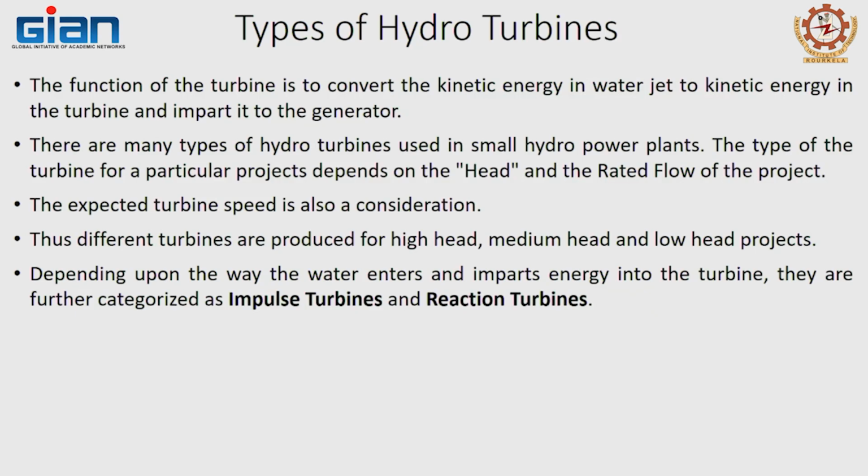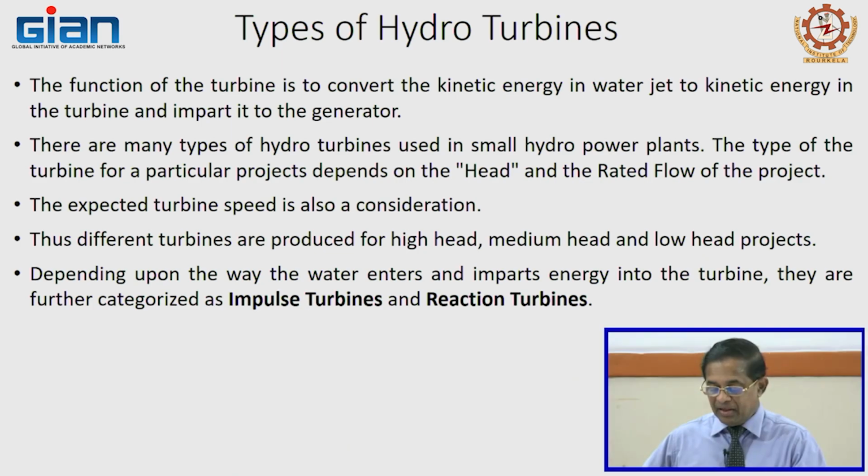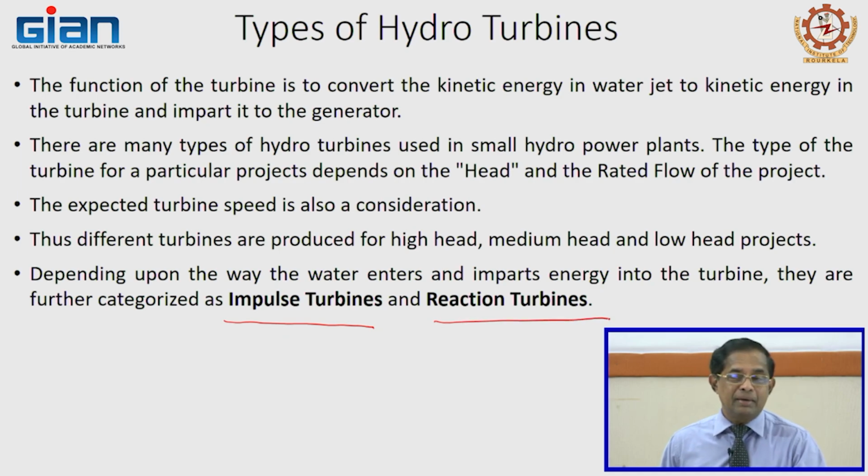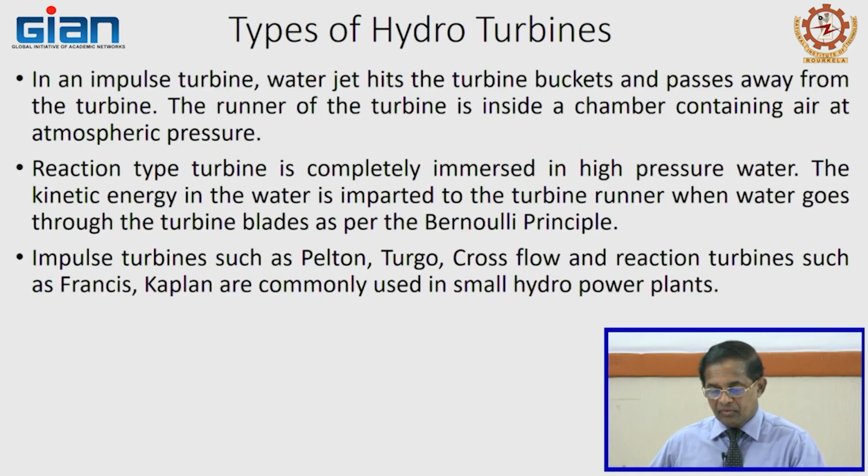Depending upon the way the water enters and imparts energy into the turbine, they are further categorized as impulse turbines and reaction turbines. Two major types of hydro turbines are impulse turbines and reaction turbines. In an impulse turbine, the water jet hits the turbine bucket and passes away from the turbine.